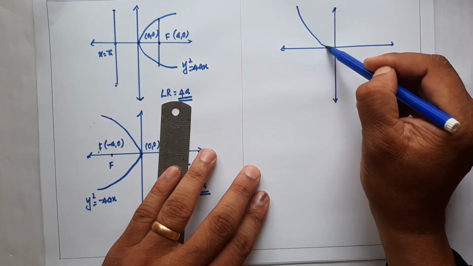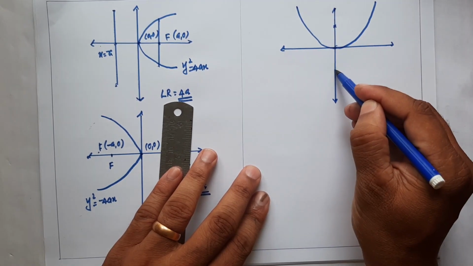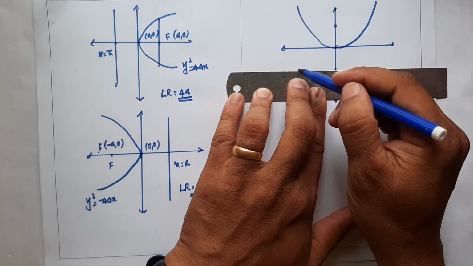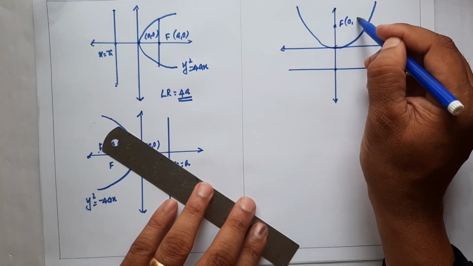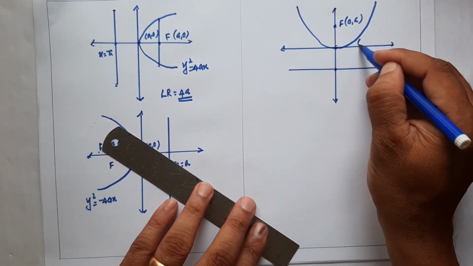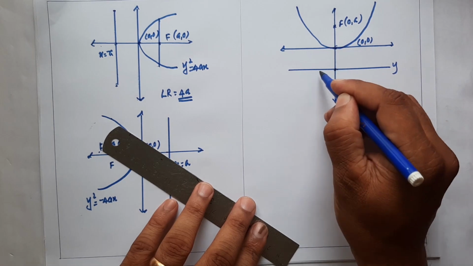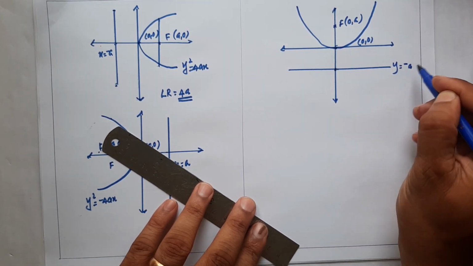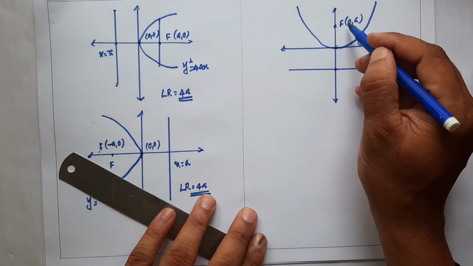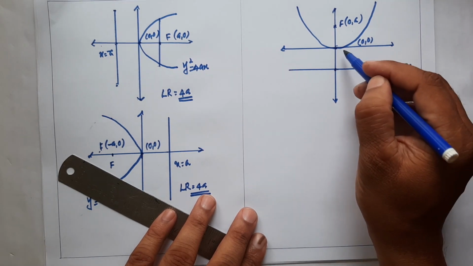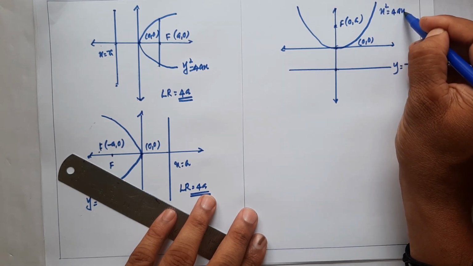And the third parabola is like this. Here the focus lies here and the directrix is here. The focus F has x coordinate 0 and y coordinate plus a, at a distance a. The vertex is the same, (0, 0). The directrix is a line parallel to the x-axis, passing through the y-axis, y is equal to minus a, below the x-axis. So focus (0, a), directrix y equal to minus a, vertex (0, 0), and the equation is x square is equal to 4ay.